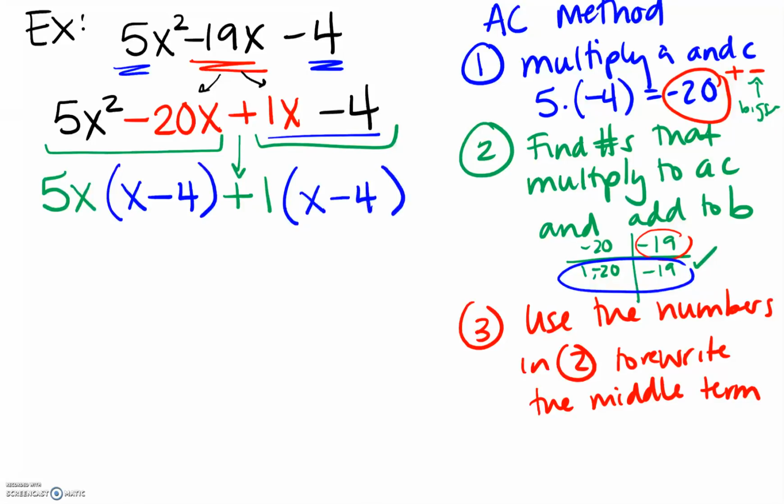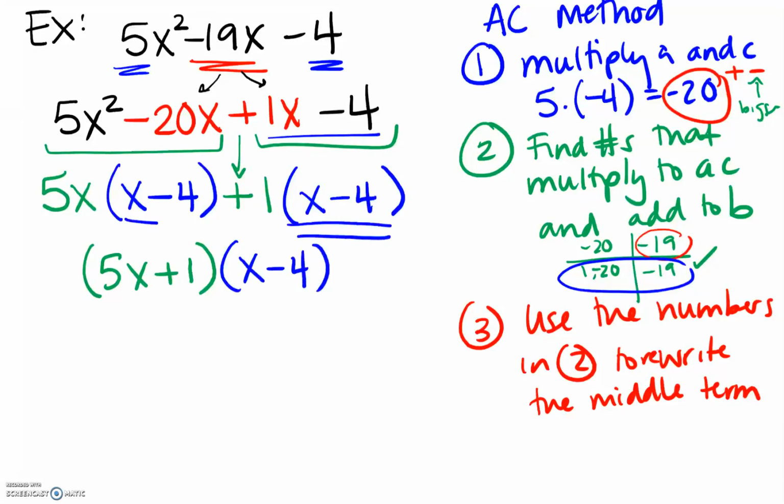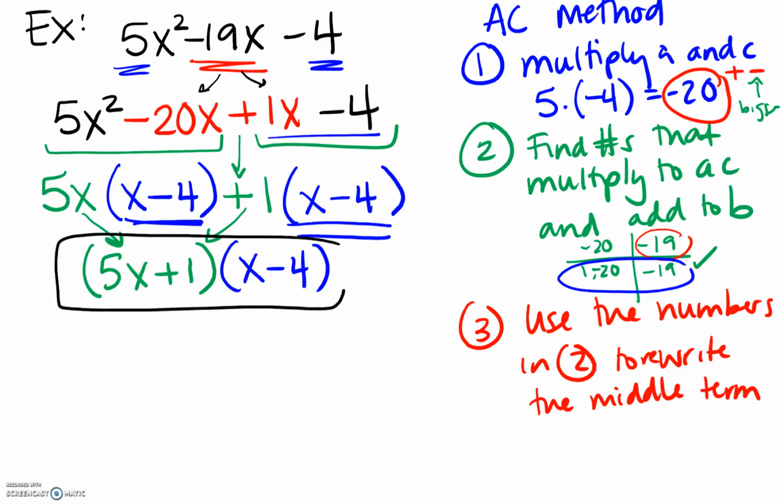And now our grouping is almost done. We got one last step. We've got to factor out that x minus 4. If we factor this out of both pieces, the leftovers are a 1 and a 5x. So this is our answer.